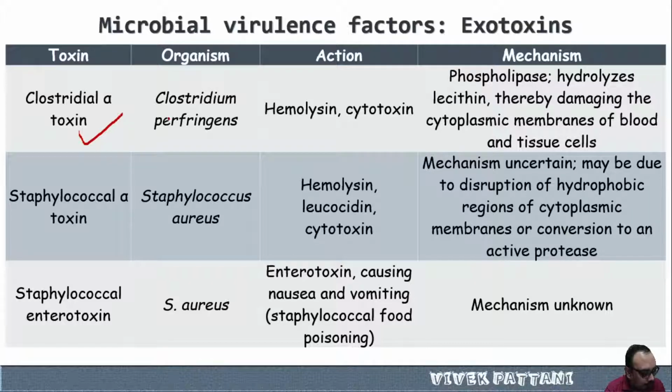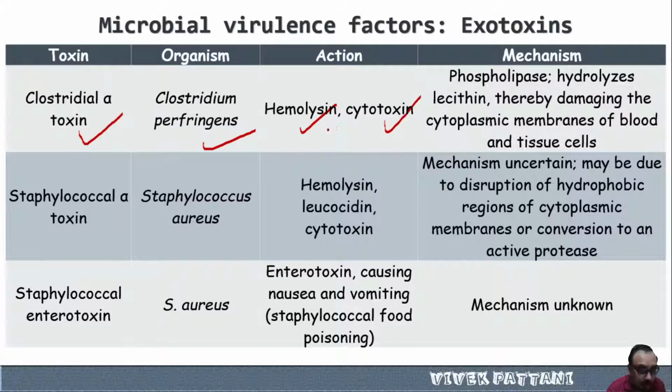Okay, now starting with the Clostridial alpha toxin, which is produced by the organism Clostridium perfringens. What is its mode of action, which type of toxin may it be? It may be hemolysin as well as cytotoxin, which have the ability to lyse red blood cells and also kill a variety of other cells.